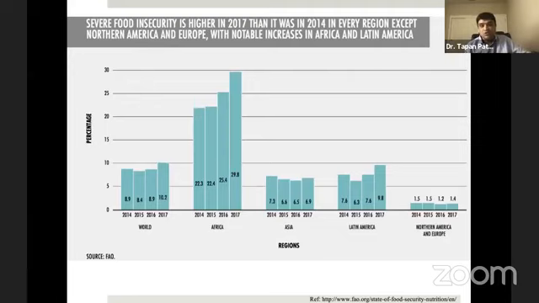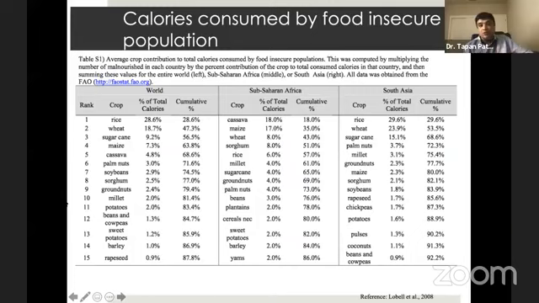Asia is fluctuating overall, but that is a concerning fact. Given that the global population is increasing, the rate at which production is happening is not really matching the global population's food needs, and that's a big issue in agricultural production.